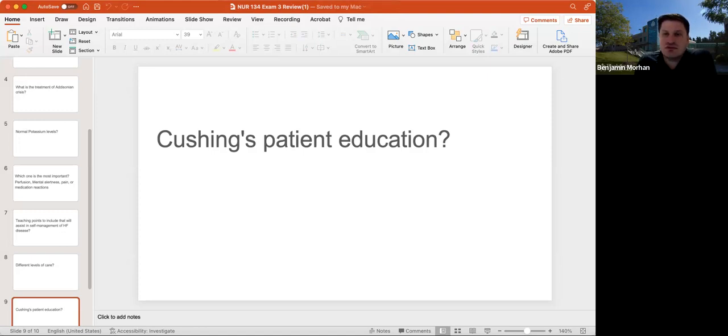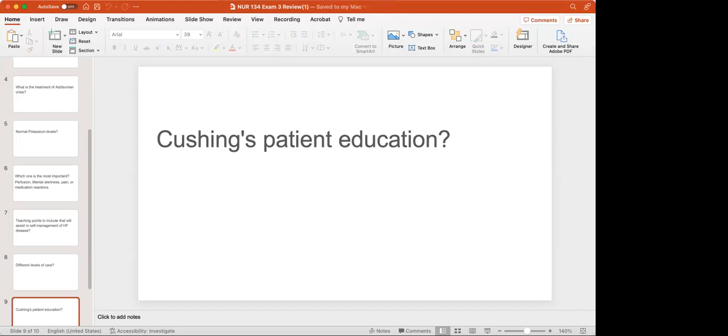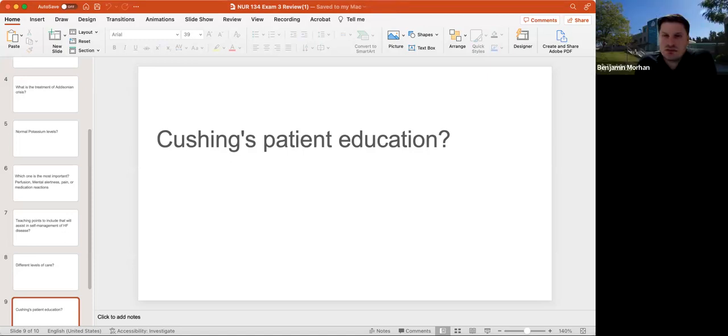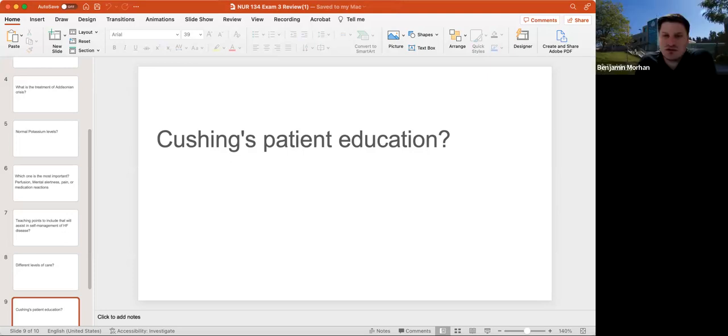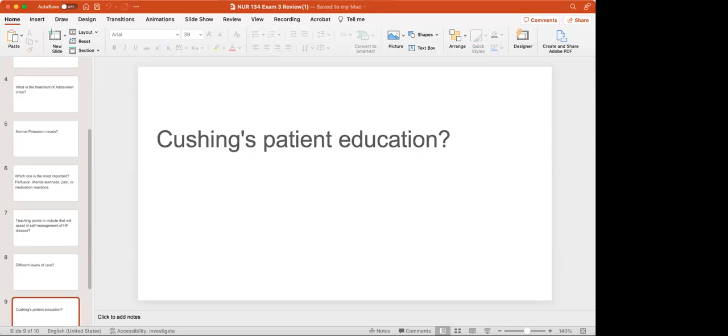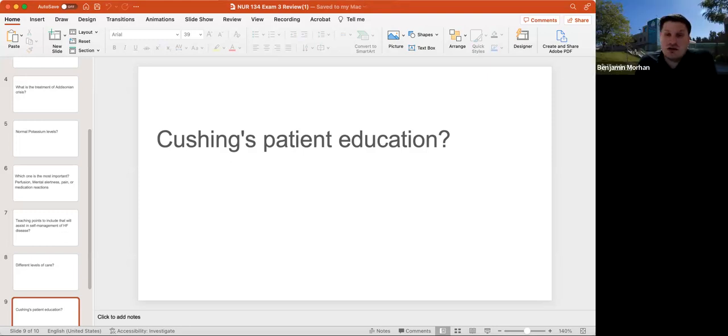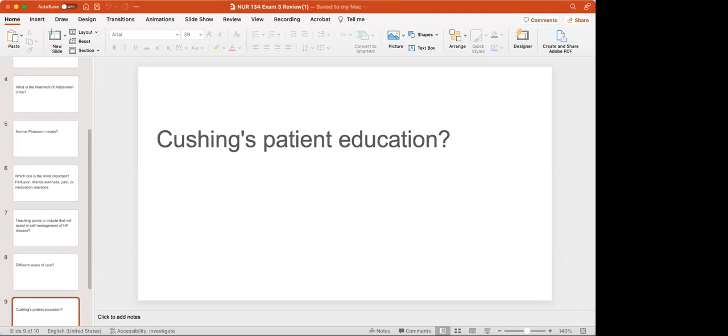They are susceptible to what? What's the biggest thing with Cushing syndrome? Too much cortisol in their system. What does cortisol make us susceptible, fragile to? Stress. Infection?